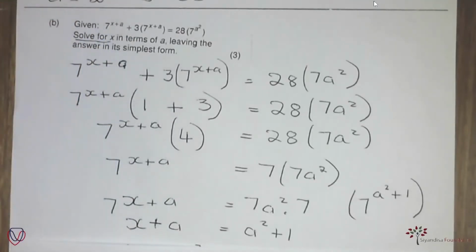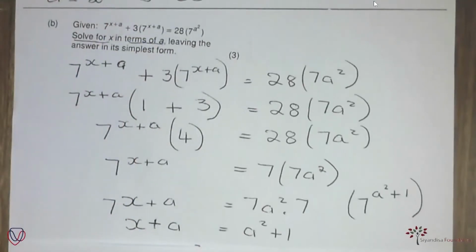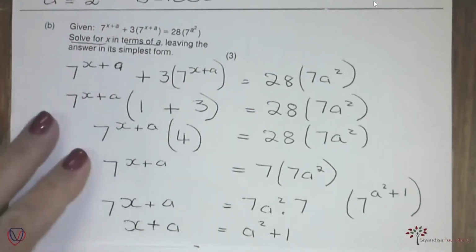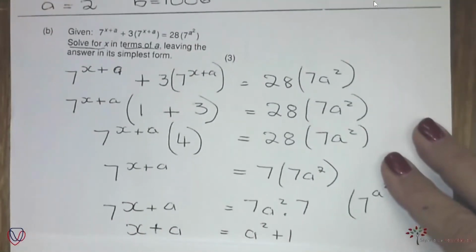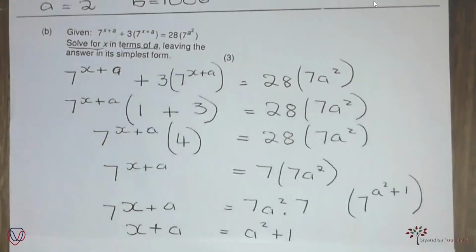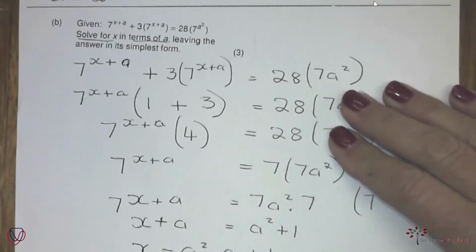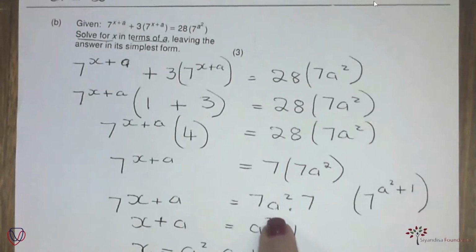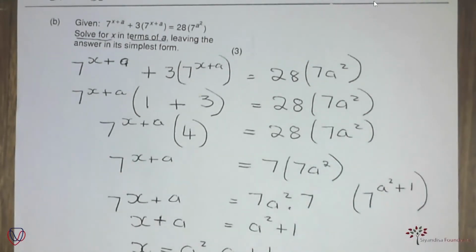I must solve for x in terms of a, leaving the answer in its simplest form. If you do that, when you get here and say, but I can't solve x, you're going to remember, in terms of a. So it's not so difficult. So x is a squared minus a plus 1. Have you got that? Right, that is x in terms of a.